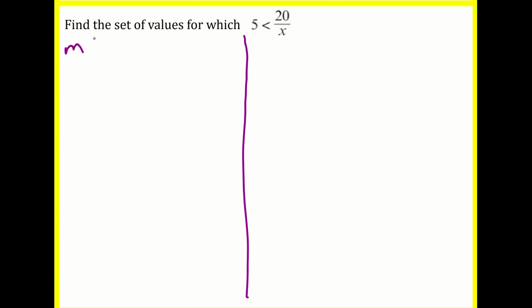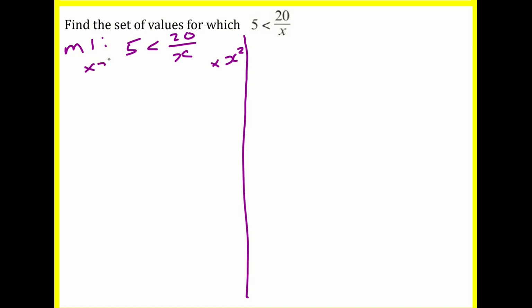So I'm going to show you two methods, and you can decide which method you prefer. Method one is, we cannot times through by x at the moment as it stands. But there is something we could times through by involving x that would necessarily be positive, and that is none other than x squared.